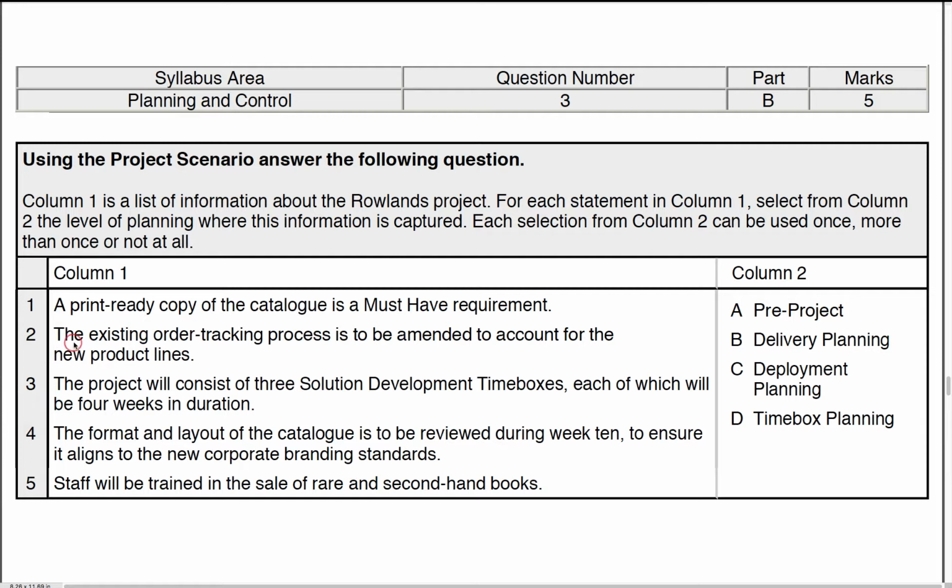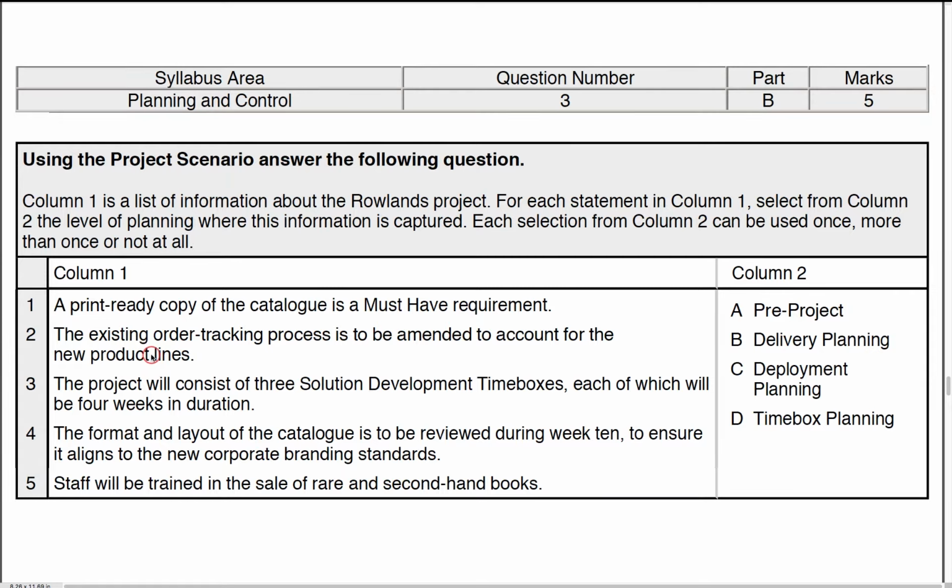Number 2. The existing order tracking process is to be amended to account for the new product lines. You have to think very carefully about this one. The existing order tracking process, so that's already there, right? This is not something out of the project, but already in operations. So that needs to be amended on account of the new product lines.